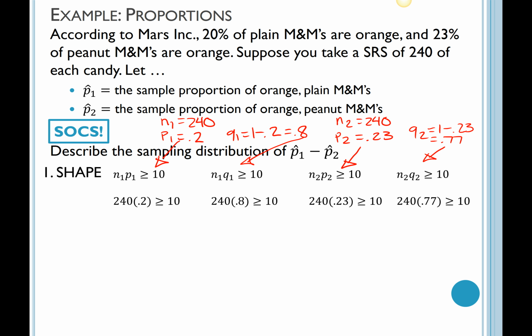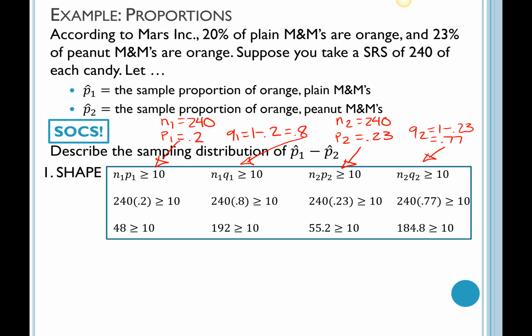Using substitution, it should look something like 240 times 0.2, 240 times 0.8, 240 times 0.23, and 240 times 0.77. We need to test whether all of these are greater than or equal to 10. Doing that simple math, we get 48, 192, 55.2, and 184.8. All of those values are greater than or equal to 10.